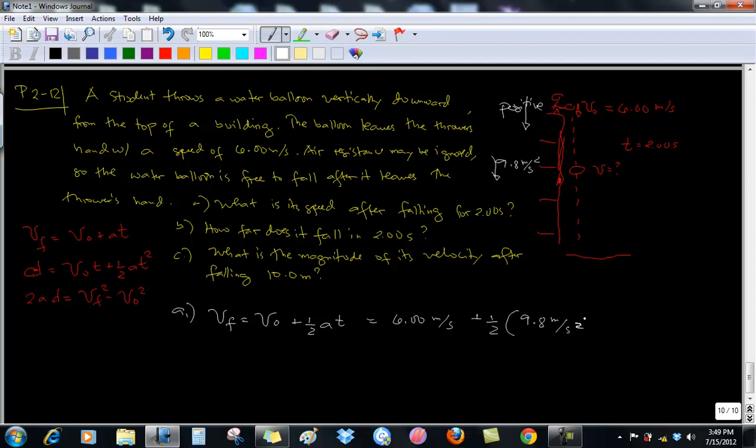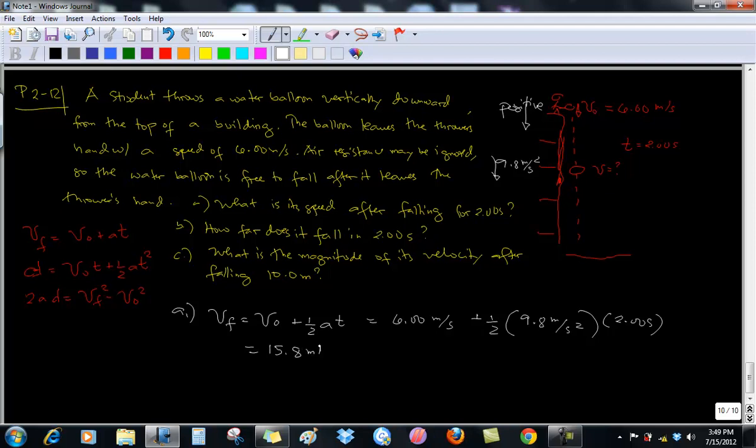Meters per second squared, times time. The time is 2.00 seconds. So, therefore, A will lead to 9.8 plus 6, that's 15.8.